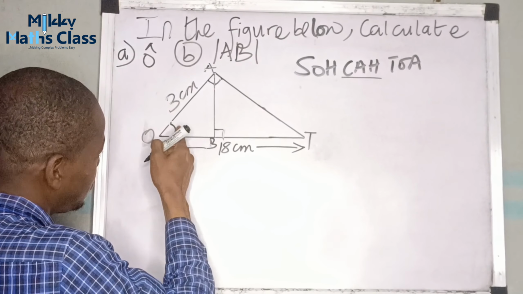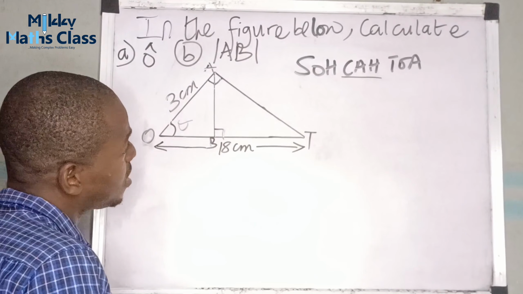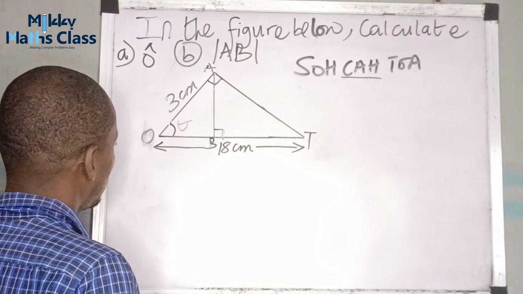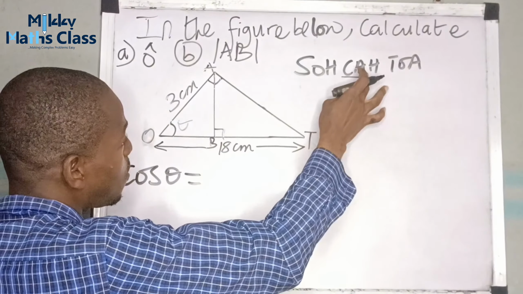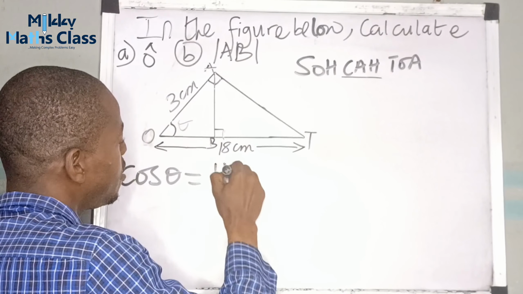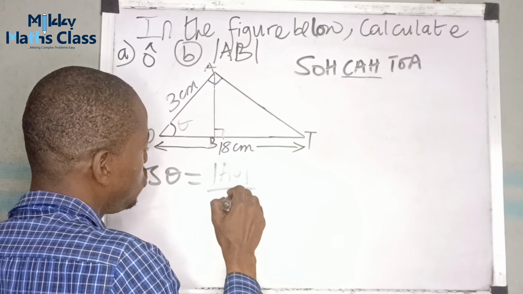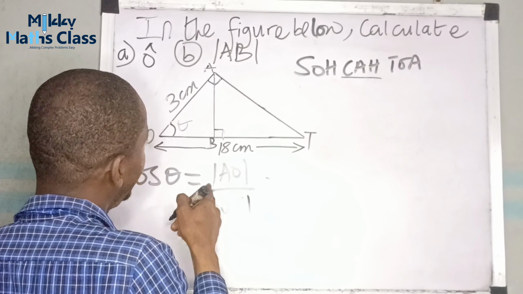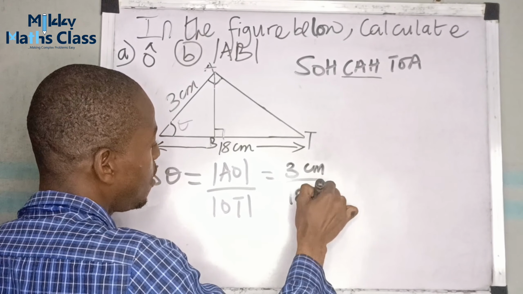So it follows that this angle here, let's call it theta. Cos theta is equal to the adjacent, line AO, over the hypotenuse, line OT. So AO is 3 centimeters over 18 cm.